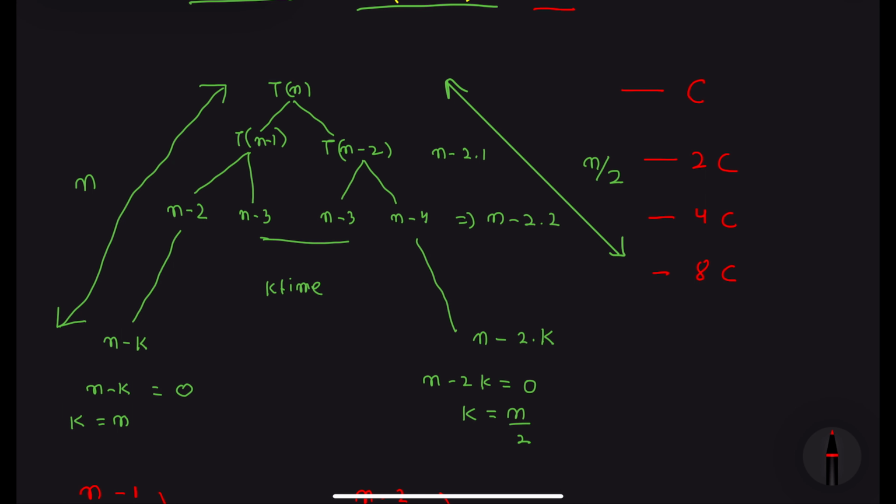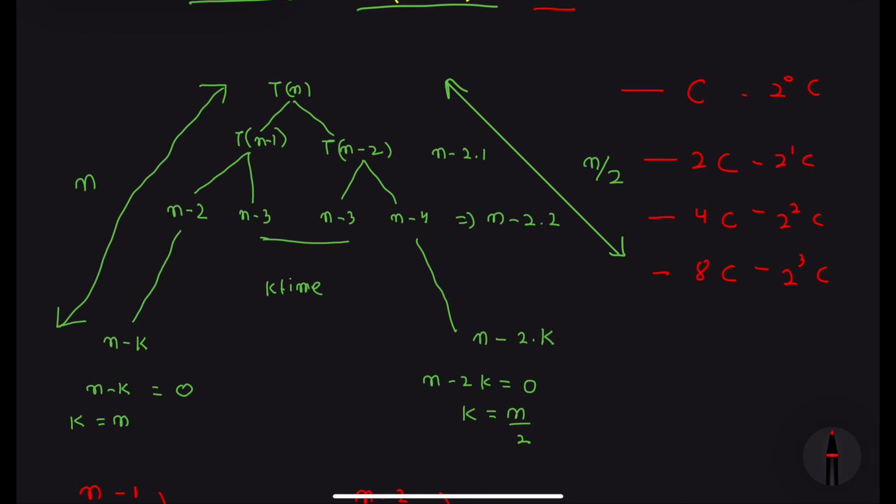c can be written as 2 raised to power 0 times c, this can be written as 2 raised to power 1 times c, this can be written as 2 raised to power 2 times c, and this can be written as 2 raised to power 3 times c. So you can see at the first level there is 2 raised to power 0 c, at the second level 2 raised to power 1 c, at the third level 2 raised to power 2 c, and at the fourth level it is 2 raised to power 3 c.